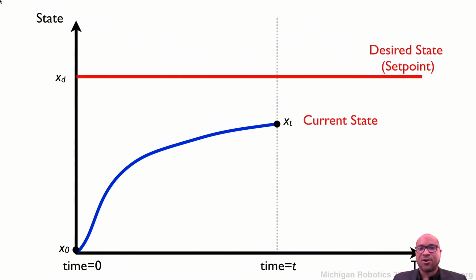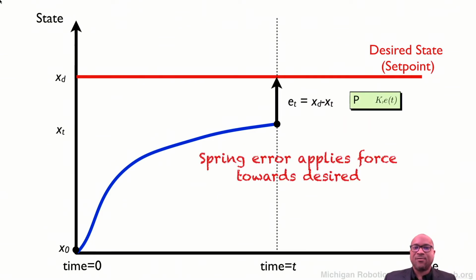This shows the evolution of what our controller might behave like over time. With respect to that current state xt, if we look at our proportional term, this is essentially a spring error. We're considering a spring that connects our current state to our desired set point state.